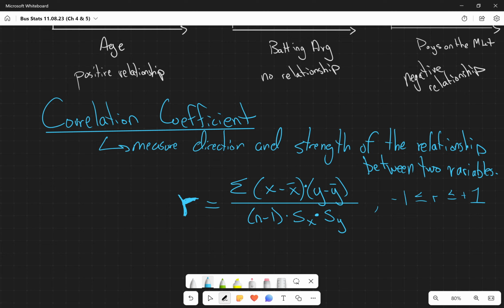If it's positive 0.95, it's a very strong positive relationship. If the r is 0, that means there is no relationship between x and y.